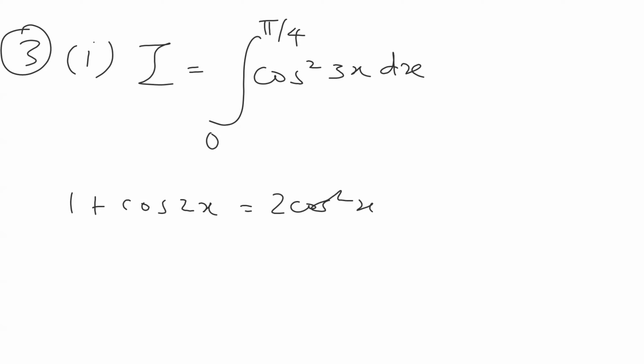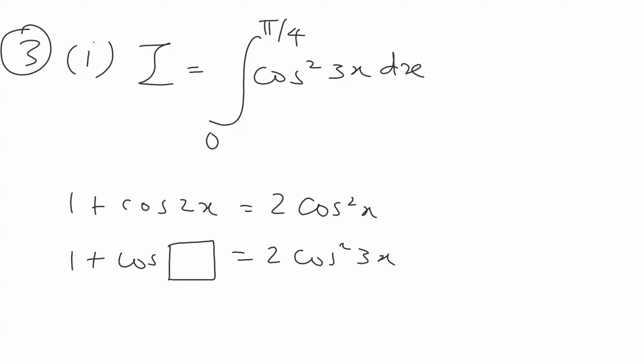But then we require cos square 3x. So what should be the angle over here? Cos 6x. It should be 6x because the half of 6x is 3x. I hope you guys understood this.